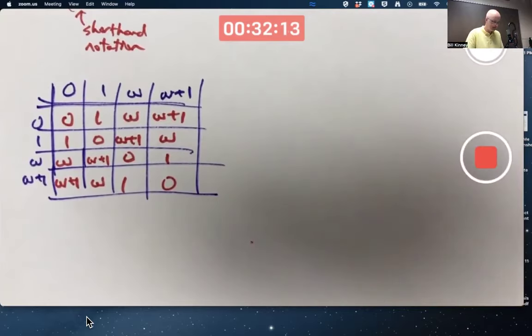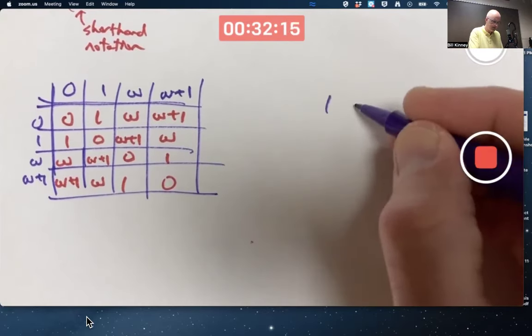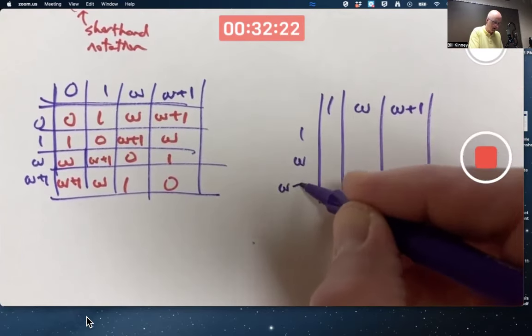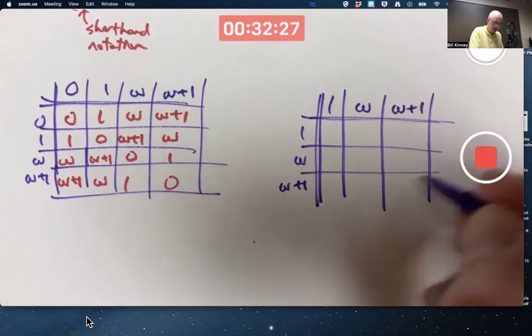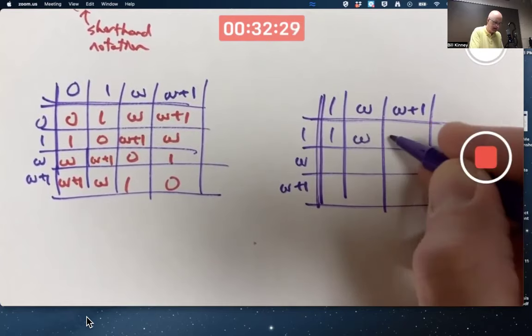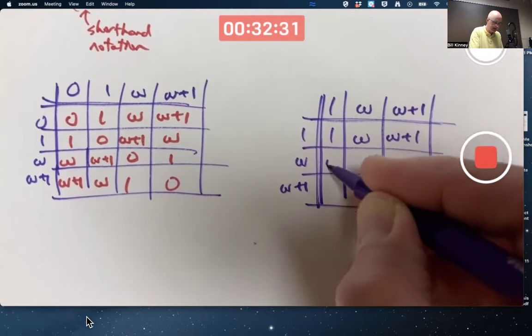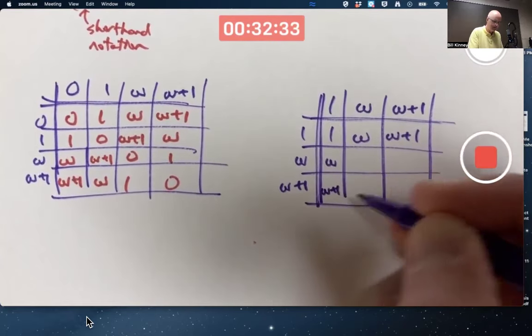So for the multiplication table, make that quick too. 1, omega, and omega plus 1 are the three elements. 1 is the unity. It's the identity for this group.